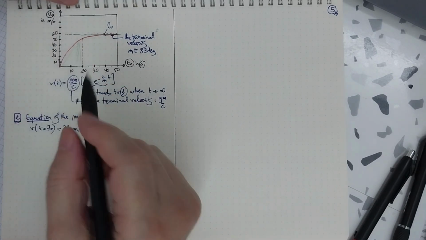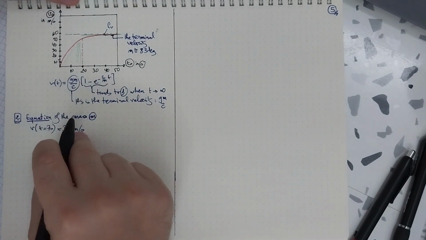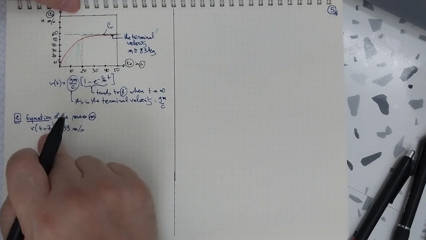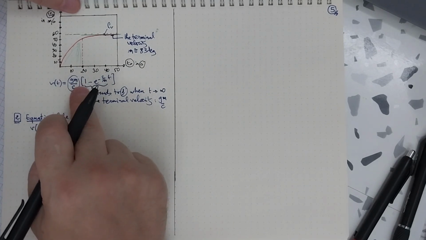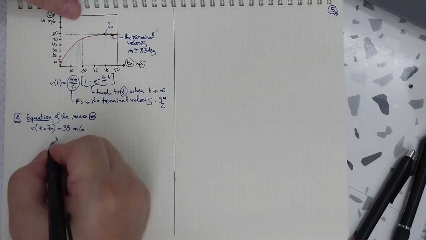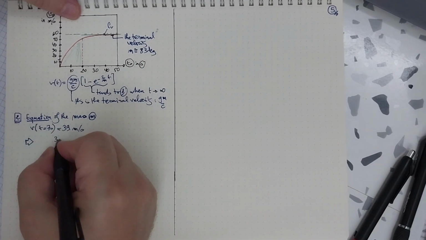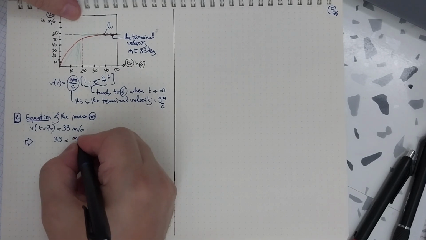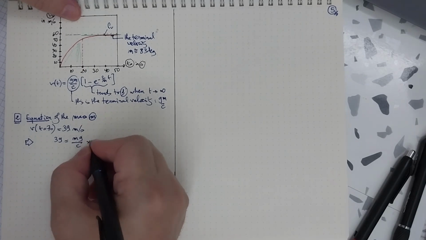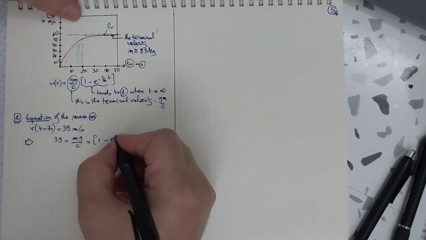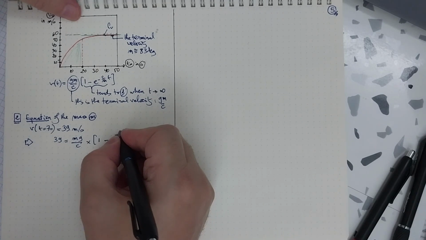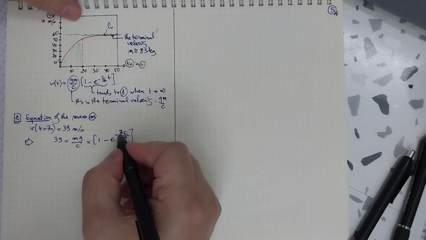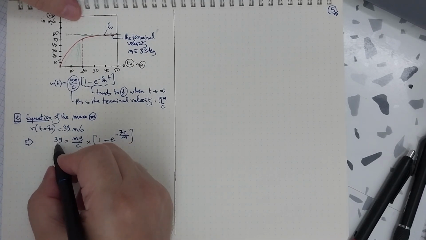At 7 seconds, its exact value is 39 meters per second. So what we do, we replace these values in the expression of the velocity. So we get 39 equal mg over c times 1 minus e to the minus 7c over m. 7 is the time, and 39 is the velocity.